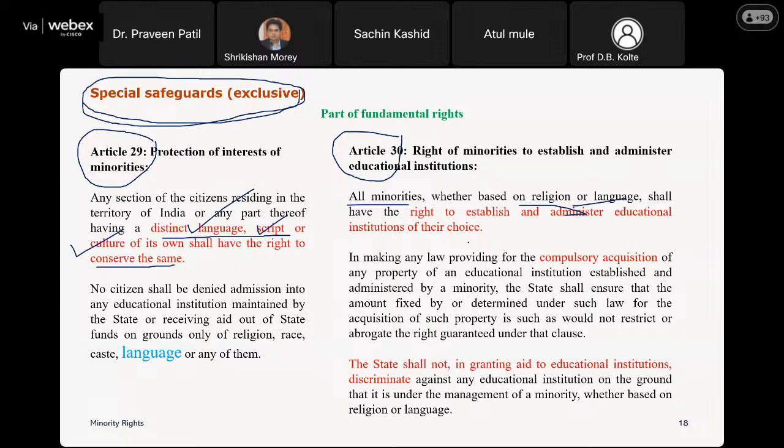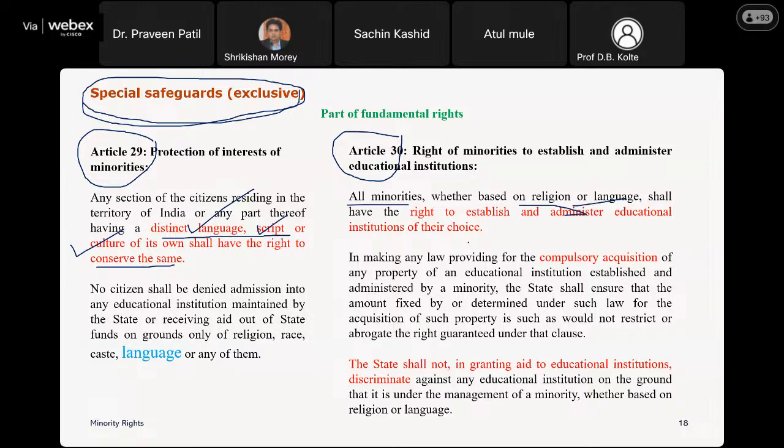As I said, all these institutions which are either based on religion or are based on language shall have a right to establish educational institutions of their own choice. This Article 30 of the Indian Constitution we spoke about in the preceding slides, and therefore let us not spend much of our time.